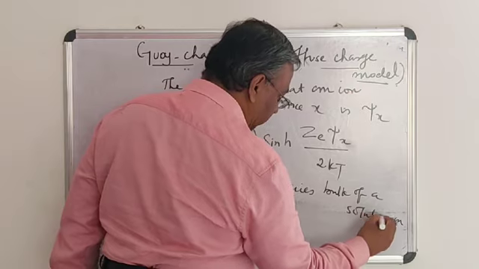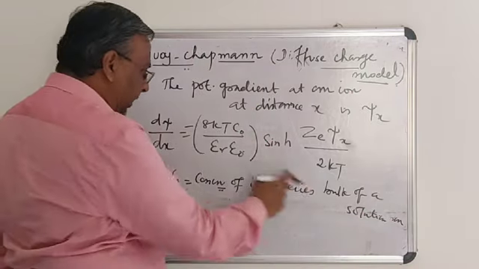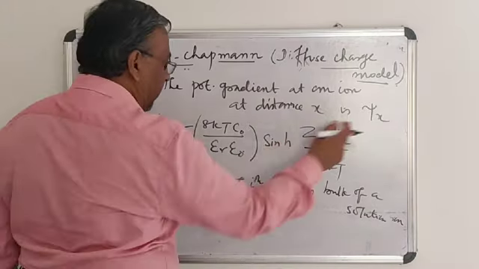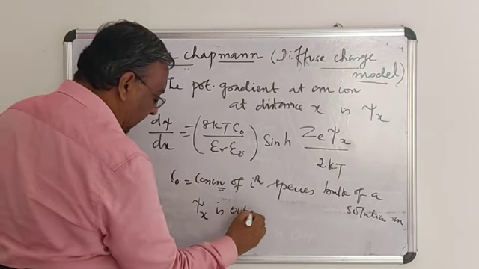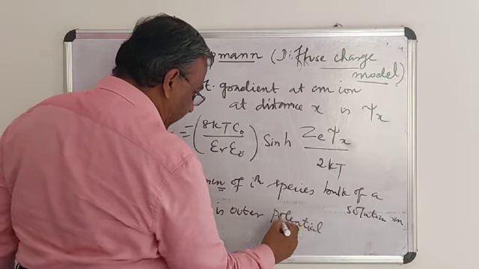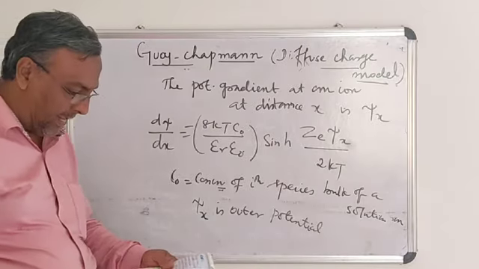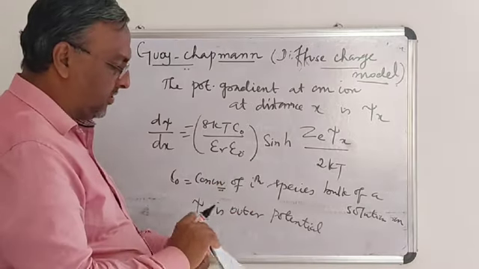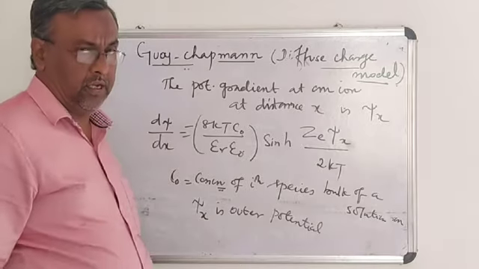In the bulk of the solution, C0 is the concentration of the ith species, and psi x is the outer potential, or the potential of an ion at a distance x in the diffused charge layer.